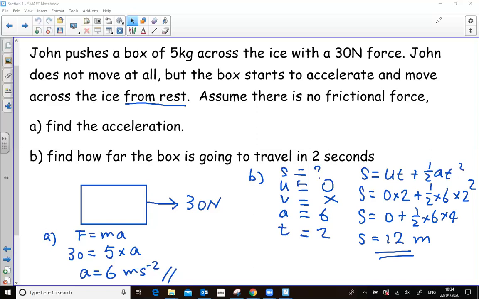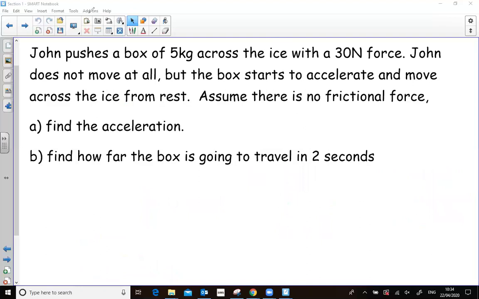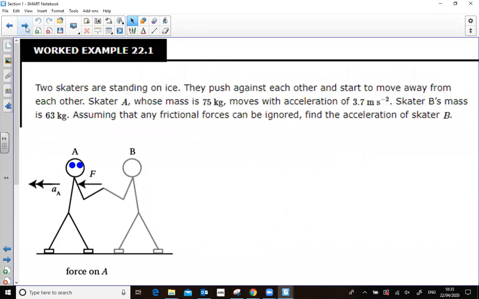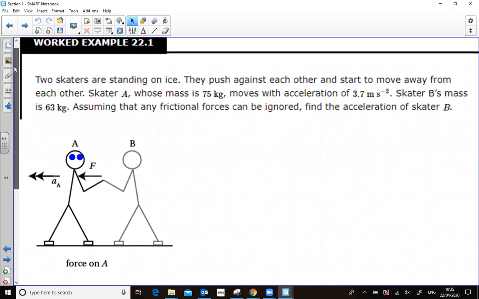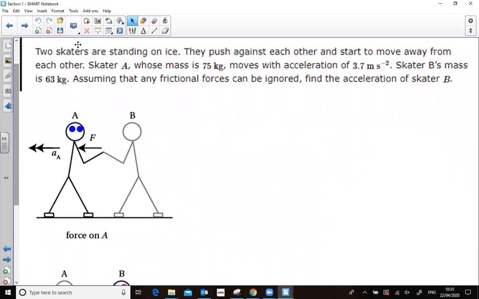Now let's look at another question. Okay, so in this question, it says 2 skaters are standing on ice. They push against each other and start to move away from each other. Skater A, whose mass is 75 kilograms, moves with acceleration of 3.7 meters per second squared.